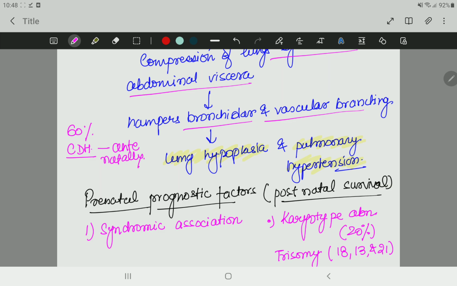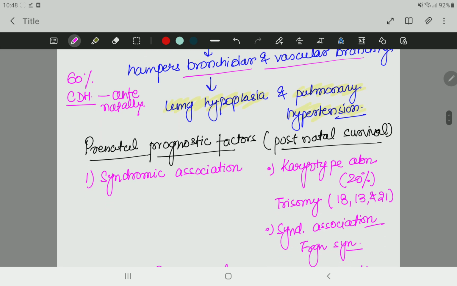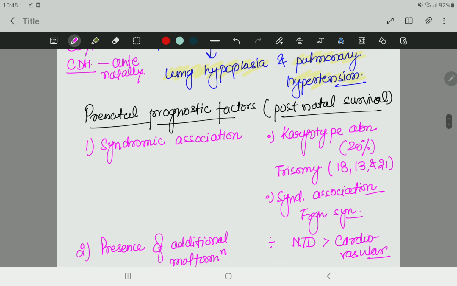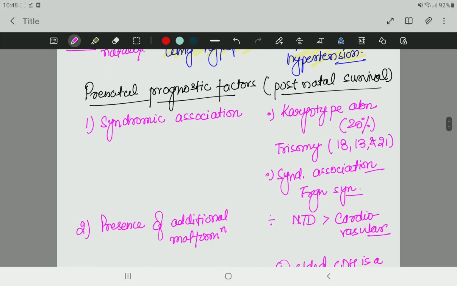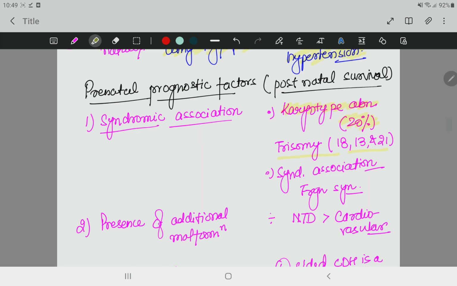What are the prognostic factors which predict postnatal survival? The first is syndromic association, where karyotype abnormalities are seen in around 20% of cases, and the commonest are trisomy 18, 13, and 21.